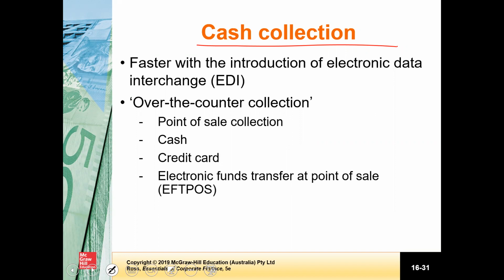Okay, in 2011, Microsoft helped develop a system that allowed for a daily sweep of its accounts by computer. As a result, wire transfer fees dropped by 41%, and the company recovered $105 million per day that had previously sat in sub accounts. Okay.